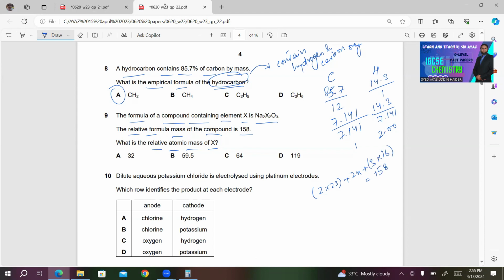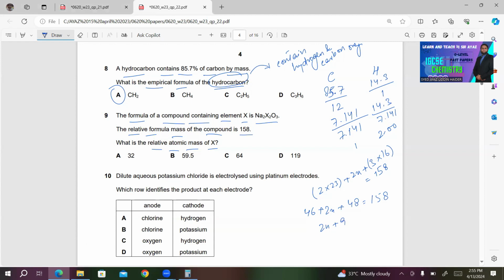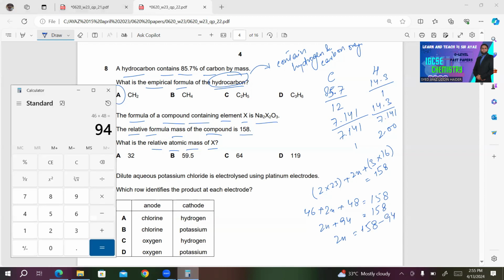So 2 multiplied by 23, we will get 46, plus 2x, plus 3 multiplied by 16, 48, is equal to 158. So 46 plus 48, 94. 2x plus 94 is equal to 158, or 2x is equal to 158 minus 94, 64.